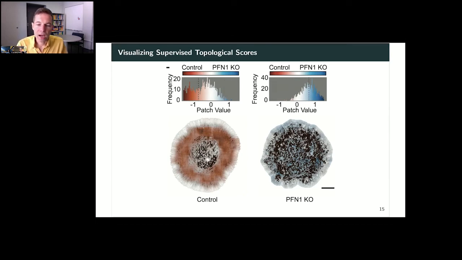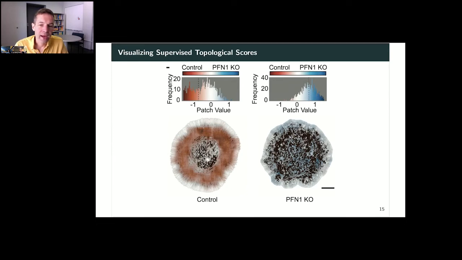However, I think one of our most interesting contributions is that we get a visualization of what parts of the cell are responsible for that classification. And our biology collaborators found this to be interesting and surprising, but something that they could interpret.